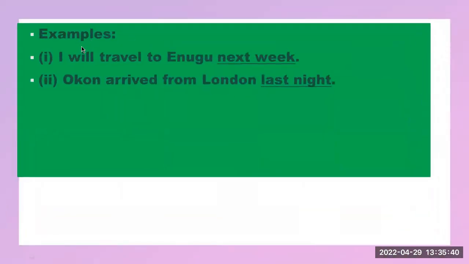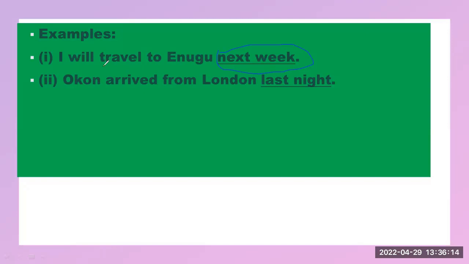So example, I will travel to Enugu next week. So here you have, I will travel to Enugu next week. So let's look at this. The group of words next week is actually a noun phrase structurally, or as a grammatical structure, but it is functioning here as an adverb phrase of time.